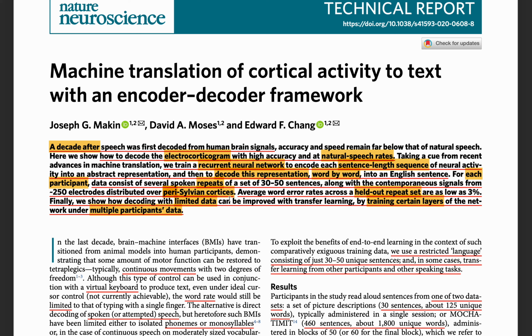However, this experiment also explores, in case of limited data sets, can we use transfer learning, that is information from the same subjects on other data points, other data sets, or the information from other subjects to improve the accuracy.